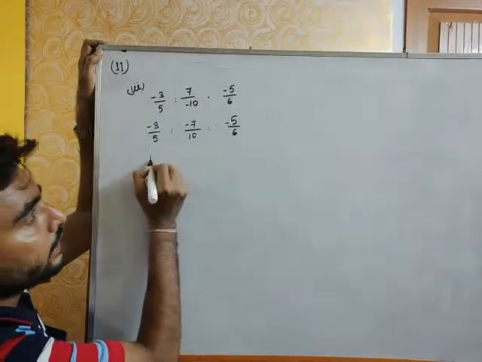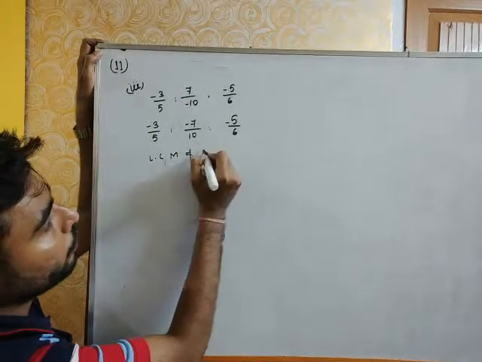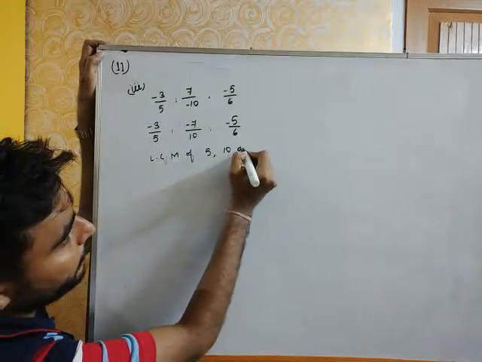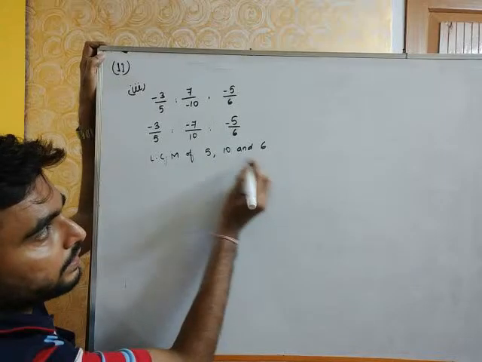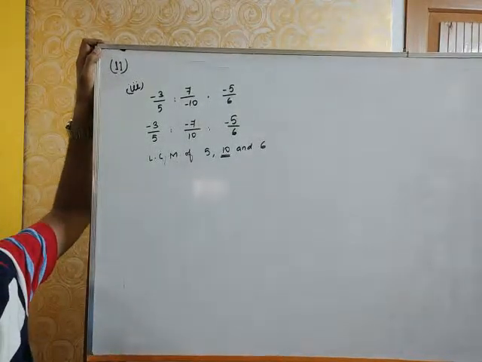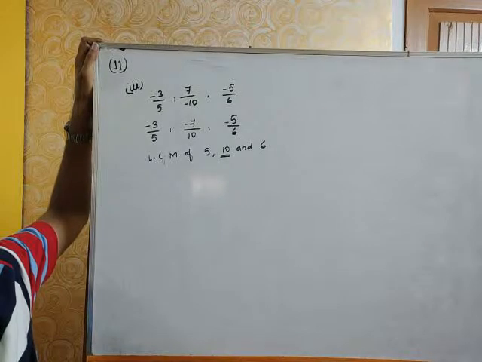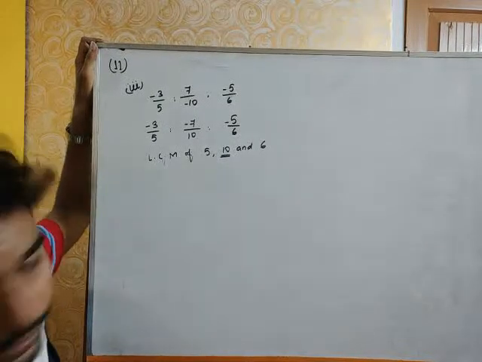So we will find the LCM of 5, 10 and 6. Among 5, 6 and 10, 10 is the largest number.